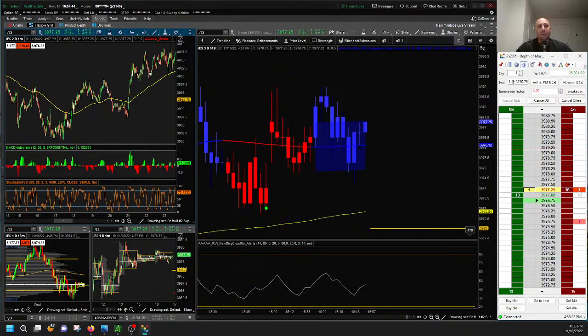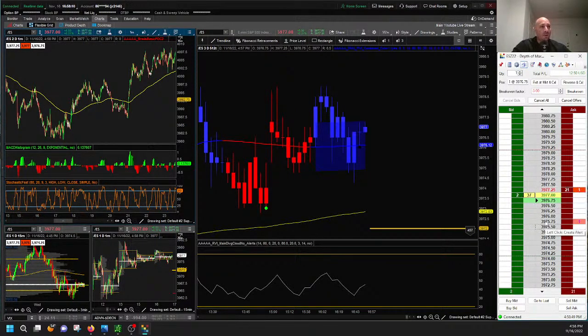And this is why I like micro scalping with the ES, because the bid never has to get there. Remember, I'm the best offer. If somebody comes in at the market, and this is what a lot of people don't understand, if somebody goes market order, they're going to get filled on the ask. Well, I have a contract I'm willing to sell you.